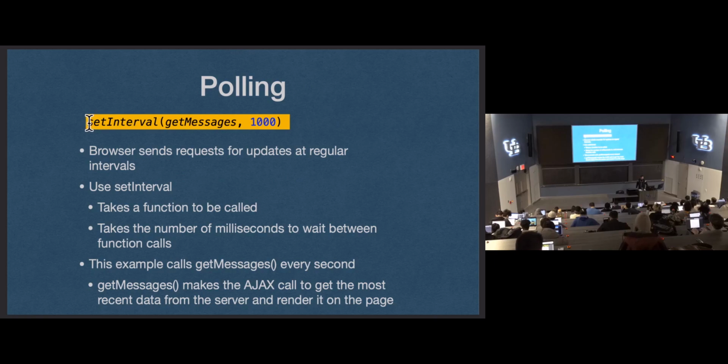This is pretty straightforward to set up. We use setInterval. This is built into JavaScript. It takes a function to be called and the amount of time to wait between function calls. So this is saying every 1 second, call getMessages. And then every second, it's going to call getMessages, getMessages, getMessages. It's just going to keep calling it over and over again forever. And that's polling.